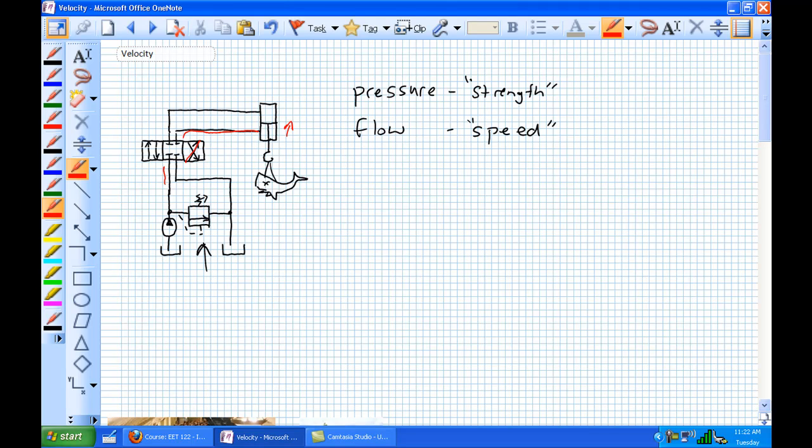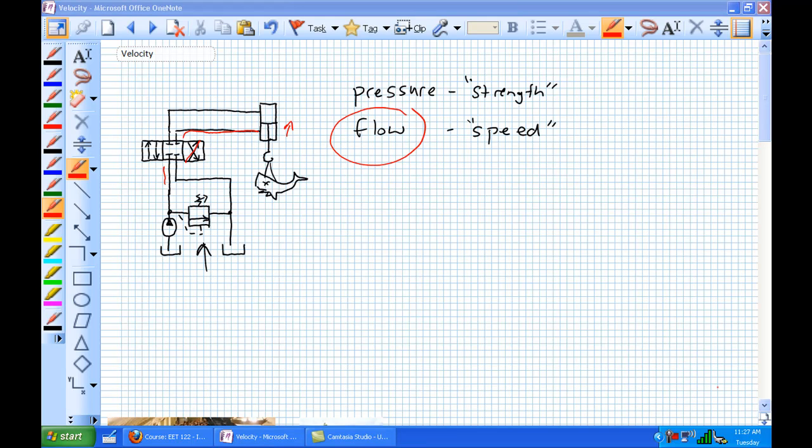Listen, you're going to walk the plank, because check it out. Adjusting that pressure relief valve will allow us to lift a bigger whale, but it's not going to get it aboard faster. Okay, so at 1200 psi, yes, you can lift a larger weight, but it's going to lift at the same speed. The reason why is because speed is dependent upon flow.